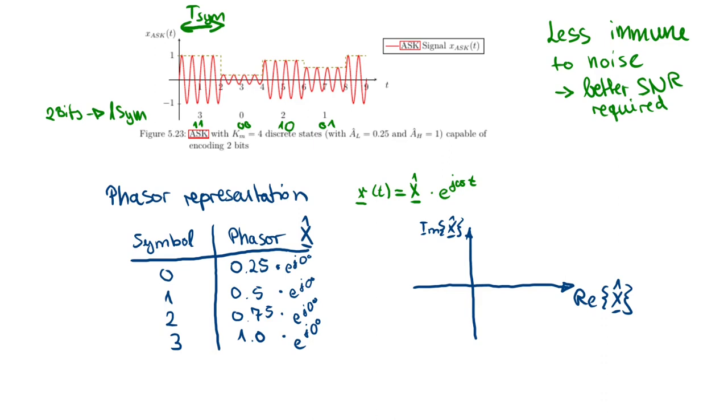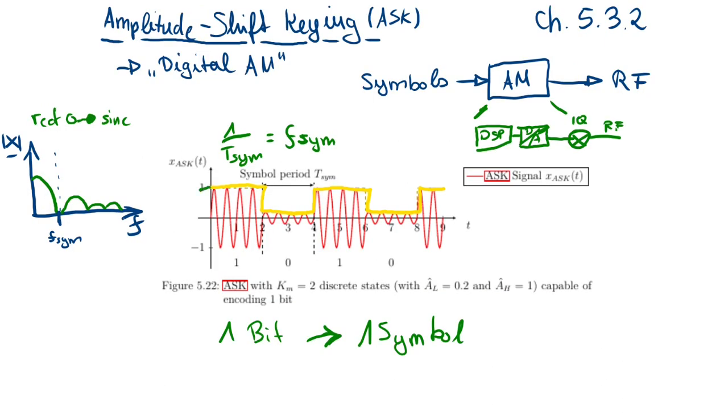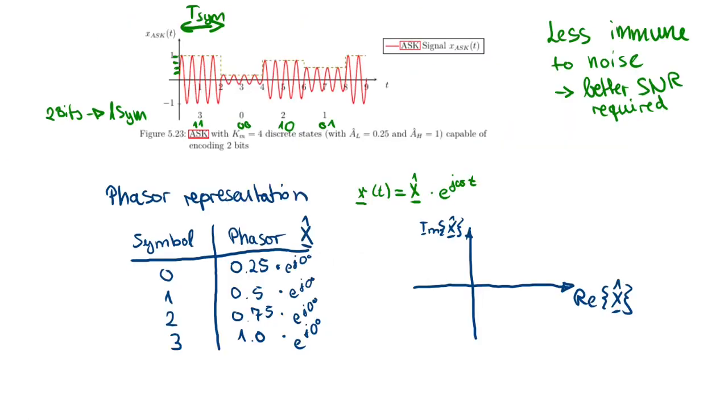As you see here, the spacing between the discrete values is much tighter than here in this example. So here you have more space, and this has one consequence.